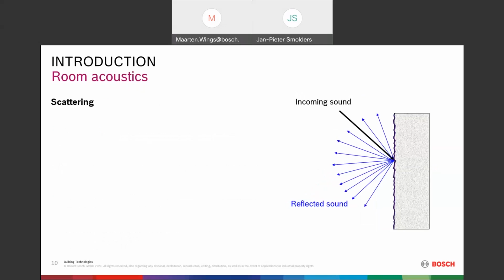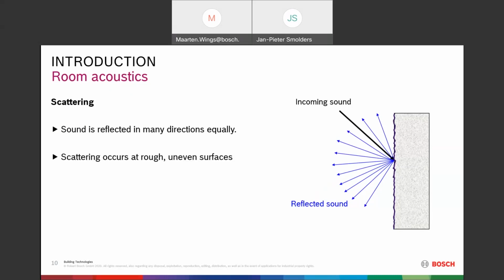Now, if you have a room or a wall that is not flat, so if you have a rough surface, the incoming sound is reflected in many directions. So it's not evenly reflected, but it's scattered all around. That means that the energy of all these reflections individually are lower compared to a reflection that is direct from the wall, from an even surface.